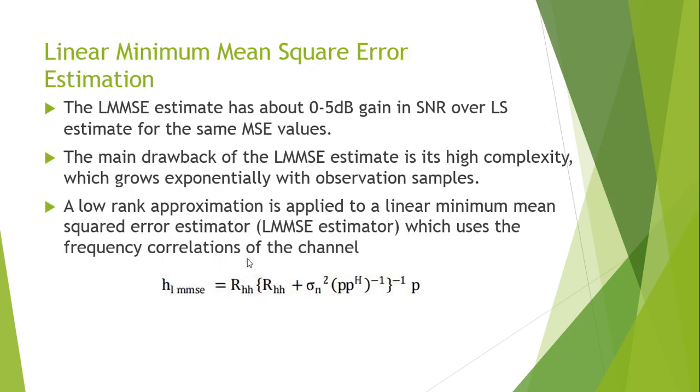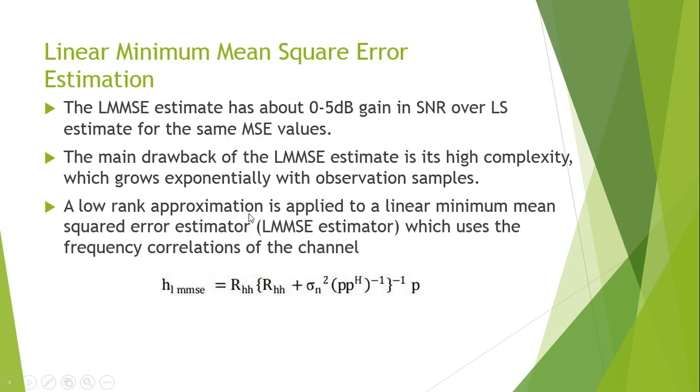The linear minimum mean square error estimator is again one type of pilot channel estimation method. In this, the LMMSE estimate has about 0 to 5 dB gain in signal to noise ratio over the least square channel estimate for the same mean square error values.